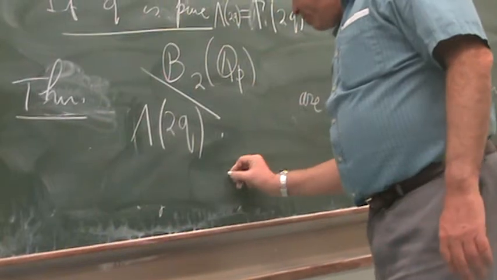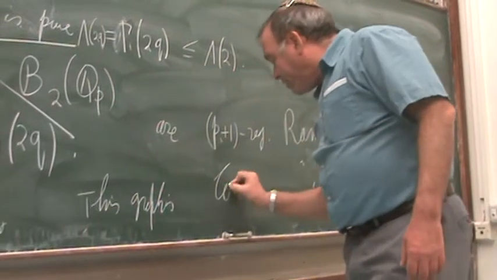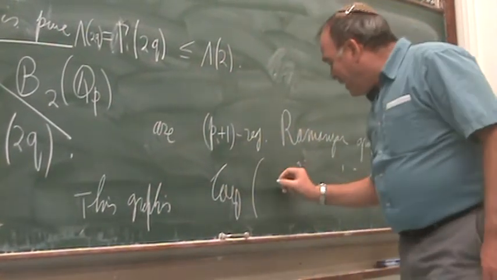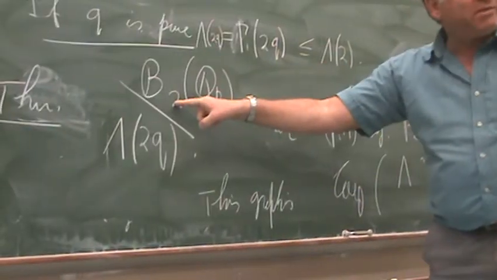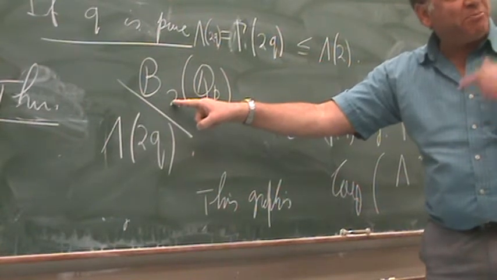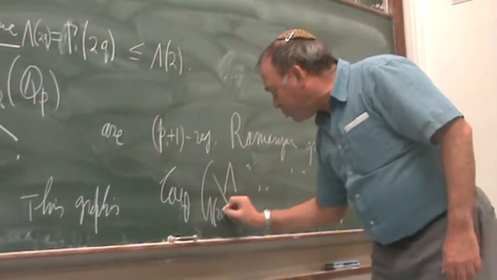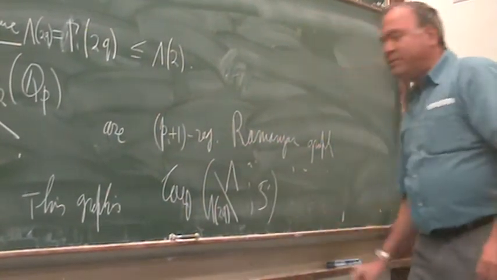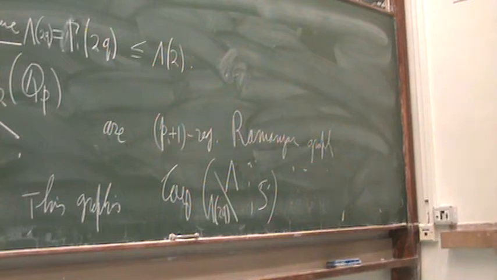But this graph is equal to the Cayley graph of gamma. You see, I can identify this tree with the Cayley graph of lambda with respect to S. So if I divide it, I can identify it with the quotient group with respect to S. Now this is already a big achievement, even if I don't know how to compute anything here, because I'm getting not just abstract graphs, I'm getting Cayley graphs, which have a lot of symmetry.